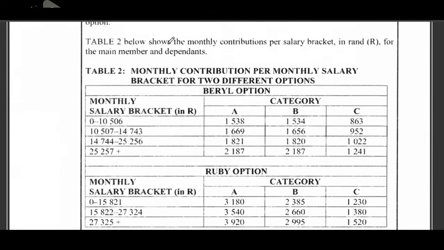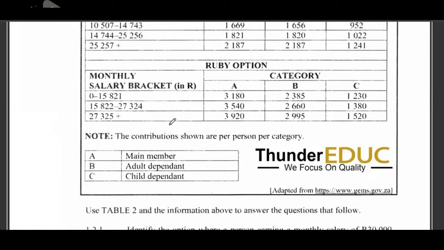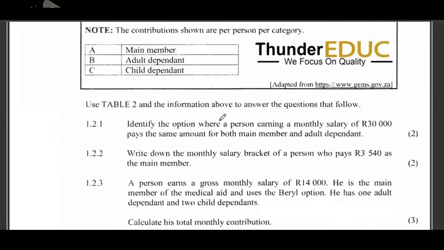The table below shows the monthly contribution per salary bracket in rands for main member and dependents. Identify the option where a person earning a monthly salary of 30,000 pays the same amount for both the main member and the adult dependent.